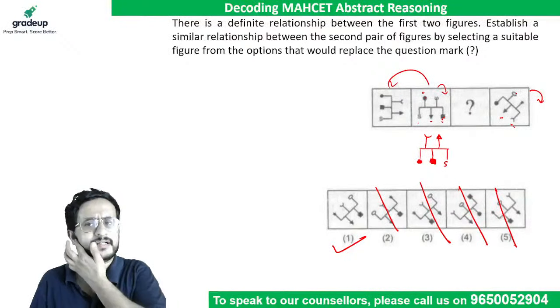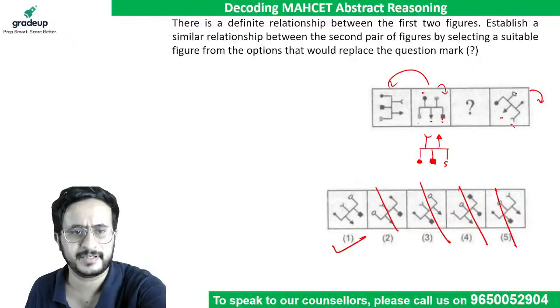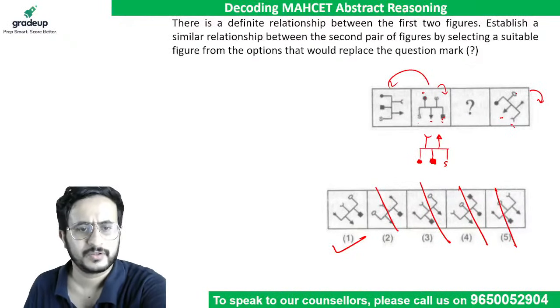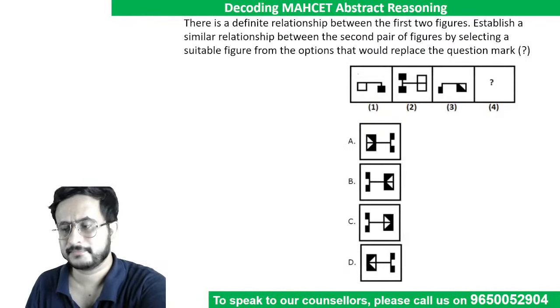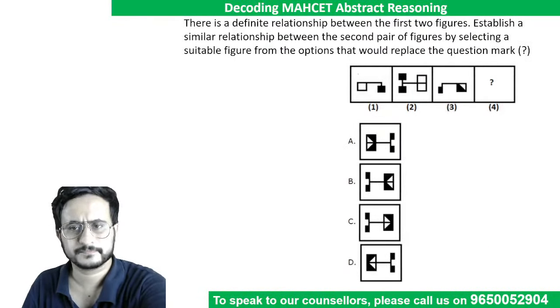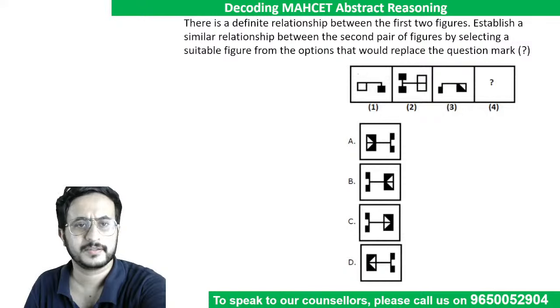So this was a slightly difficult one. You had to analyze each and every element carefully. All right, so let's look at the next one. Among these shapes you have to tell which shape will come in the position.